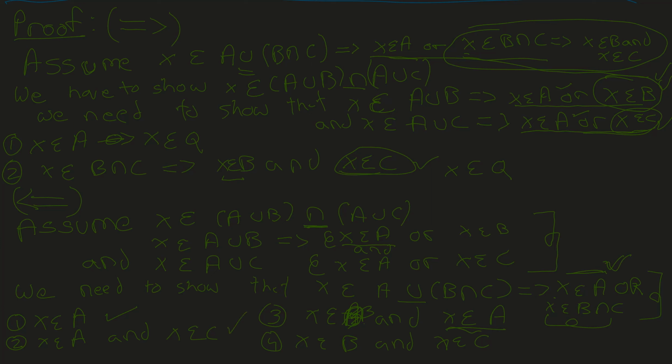The first case is true, the second case is true, the third case is true. Let's see about the fourth case, when x is in B and x is in C.